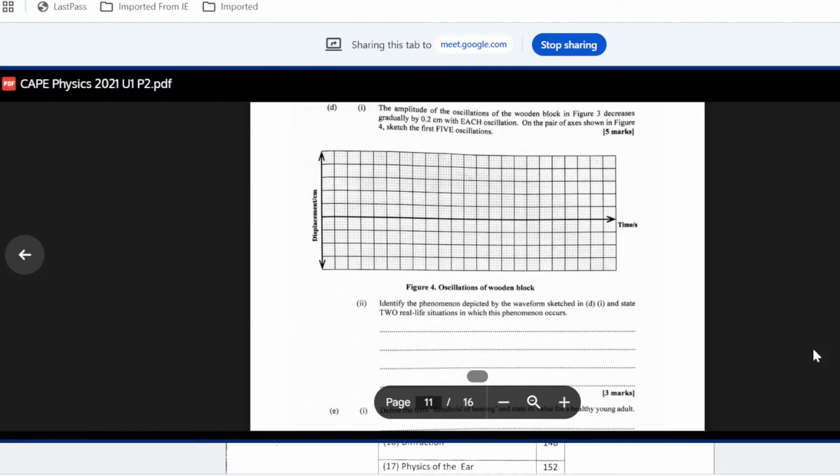Yes, car suspensions, and doors that can be damped. Any other example you can think of where damping applies? You can look up some more examples of that.